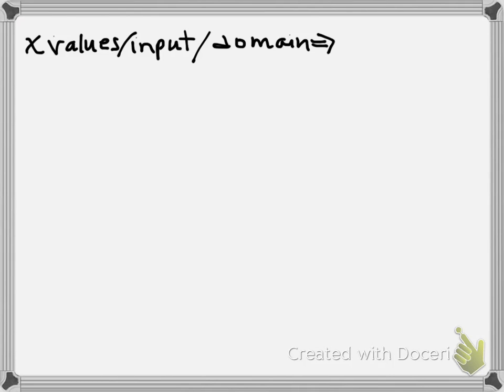Your x values, which are also your input values, which are also your domain, are called the independent variable. And the reason why it's independent is it can be anything you choose.